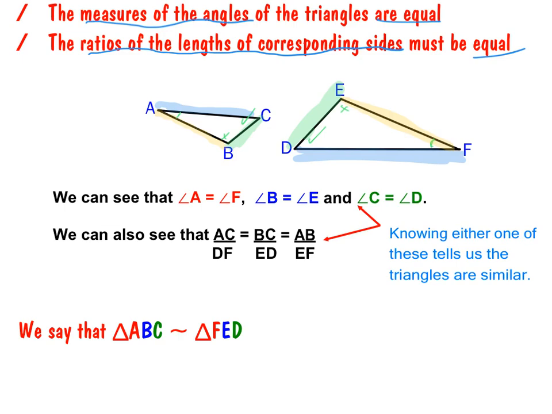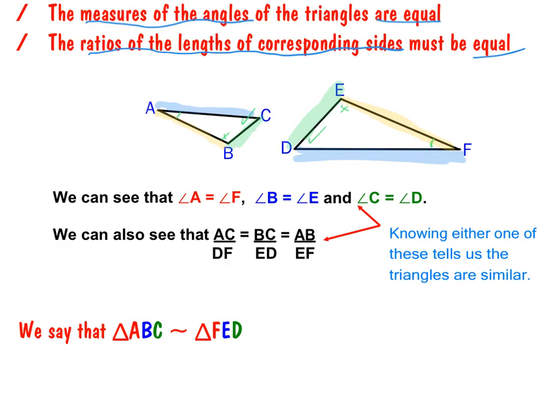It doesn't have to be half, it could be a third, it could be 2/3, it could be 3/5, it could be any number we want, but the idea is that the yellow highlighted sides, the green highlighted sides, and the blue highlighted sides all have that same ratio.